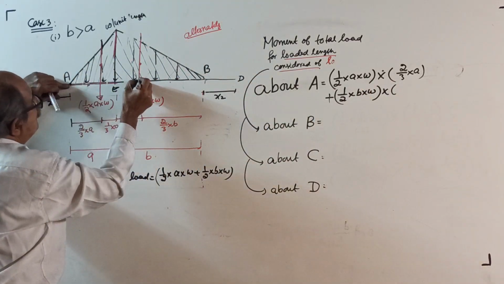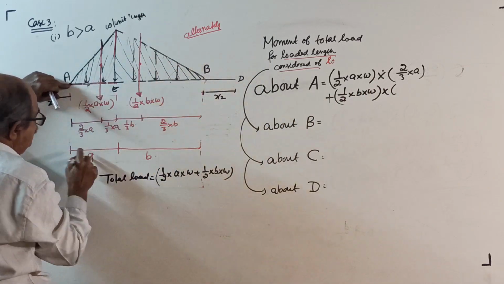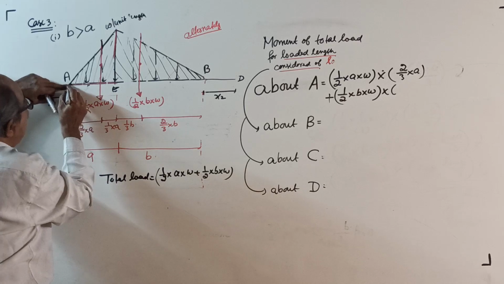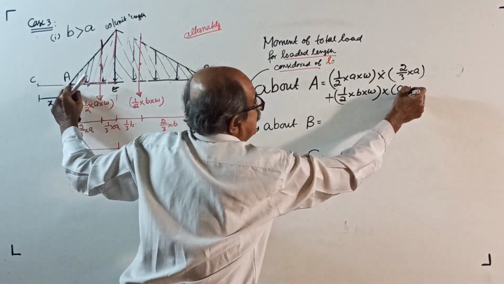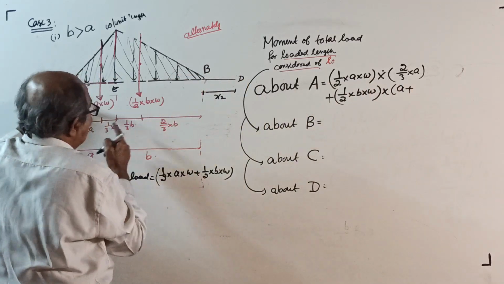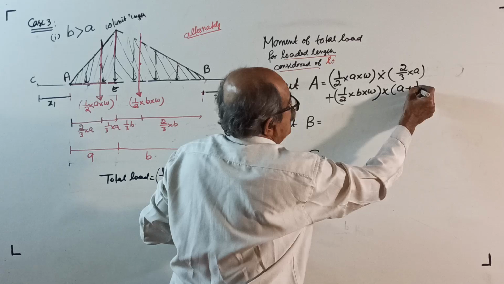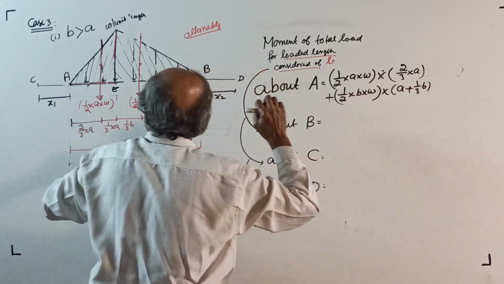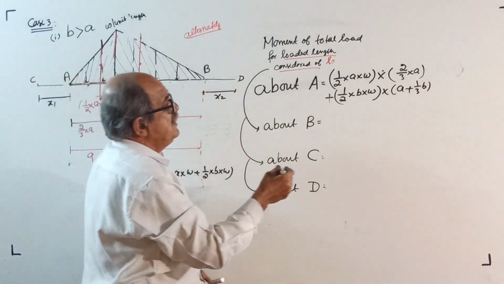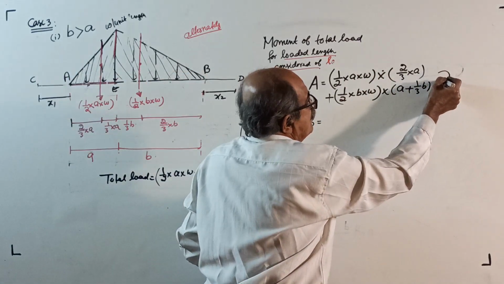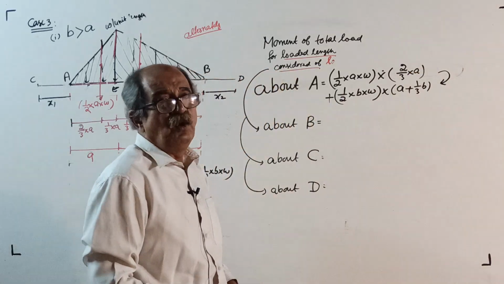See, from here to this line of action is A. From here first come to E, A plus another 1/3 of B. No plus minus. Both the moments will be clockwise, so outside, right, clockwise.